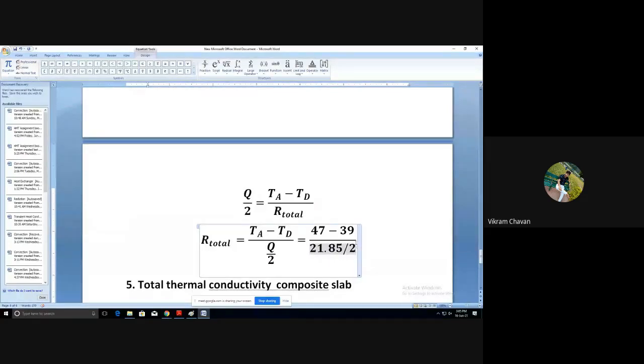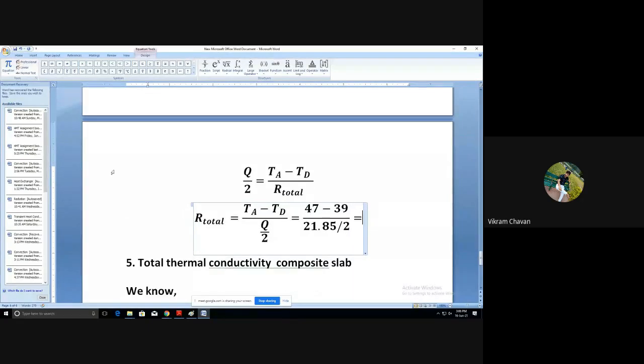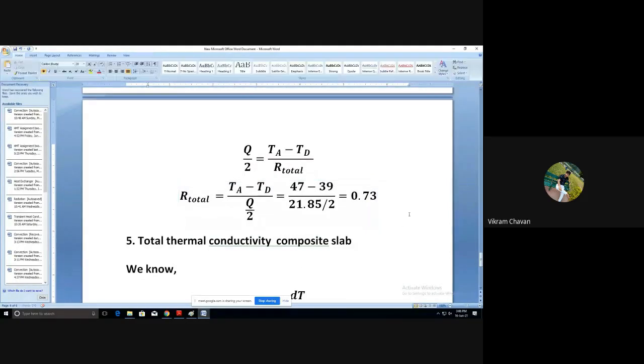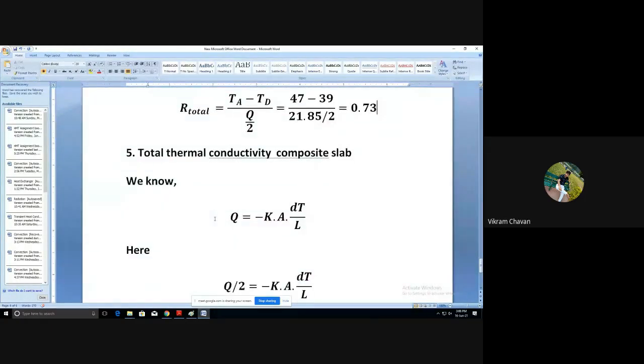After calculation you will get the total thermal resistance. So do the calculation and find the total thermal resistance. 0.73. Okay, so this is the first finding for this particular experiment.